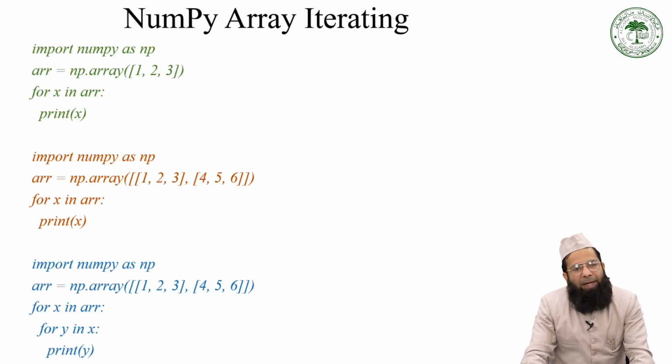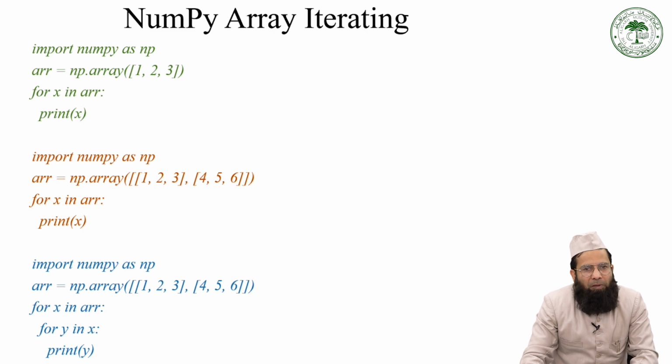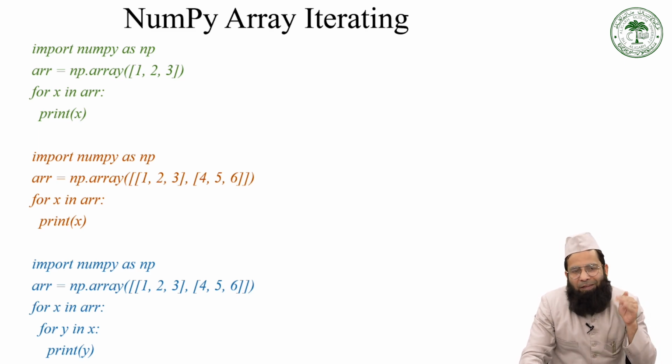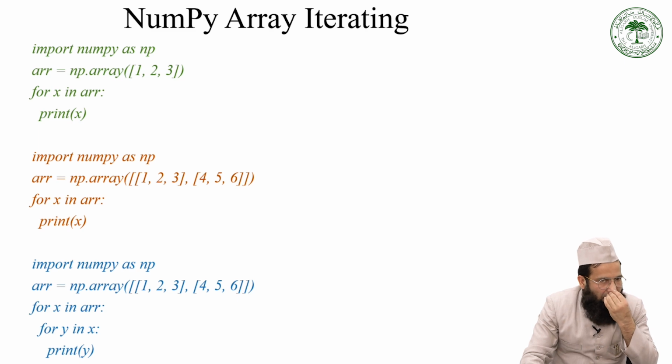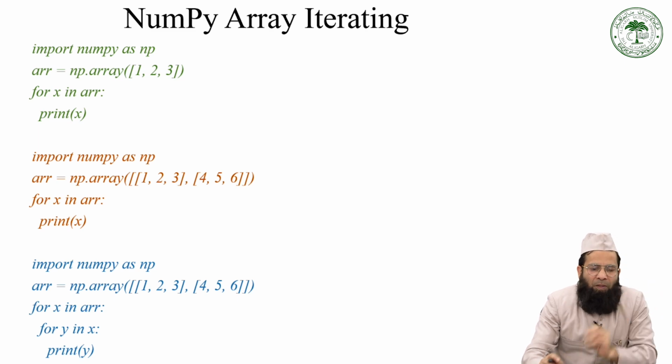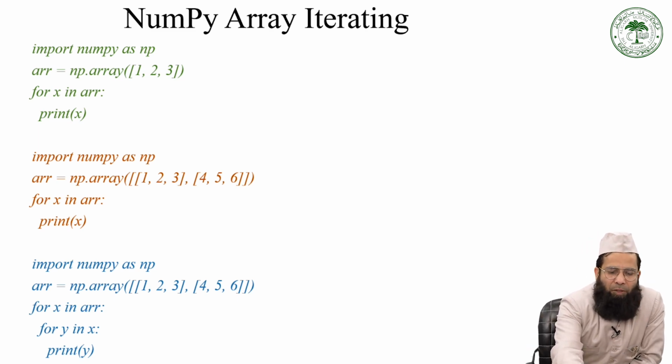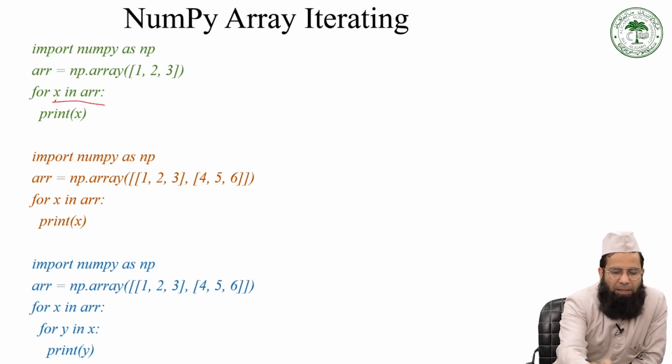And how to iterate a NumPy array? That we have seen in lists. The way we iterate a list, the iteration here in the NumPy array is very similar, but there is something different as far as dimension is concerned. If my array is one dimensional, I can directly iterate in this way.